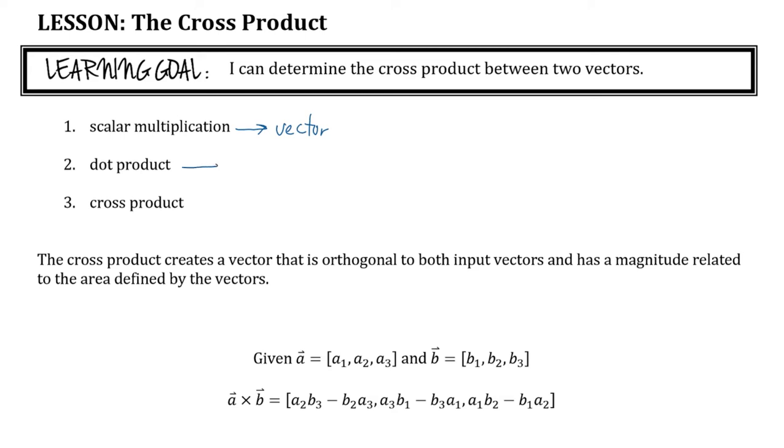Dot product results in a... Maddie? Scalar, which means just a number, can be positive or negative. Cross product results in a vector. The output of the cross product is a vector.